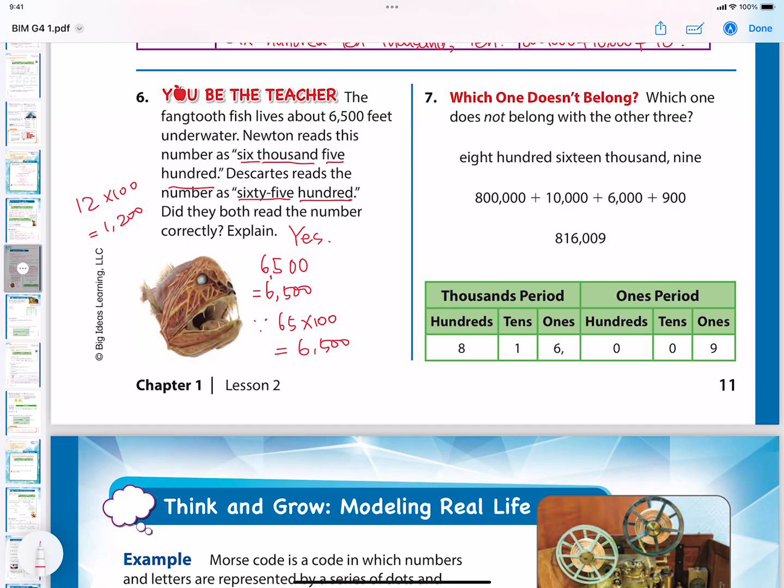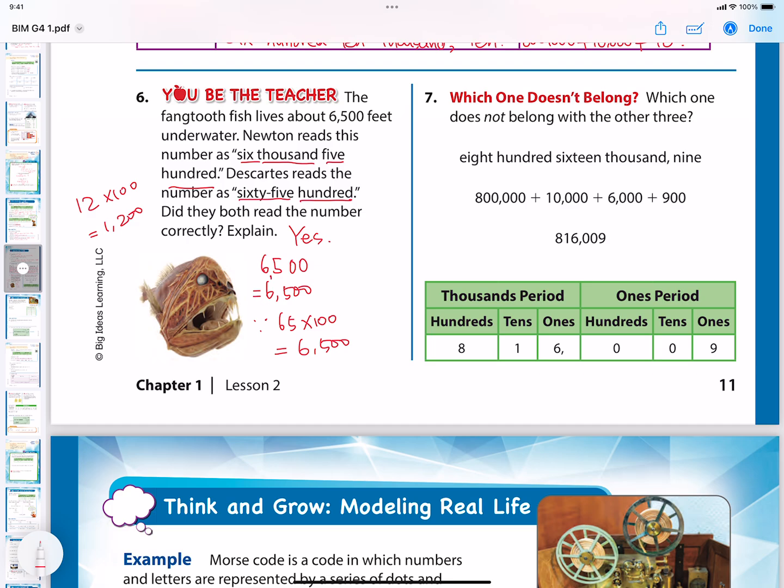All right, let's move on to number 7. Which one does not belong with the other 3? Okay, I like this type of question. This is kind of like a riddle, right? Okay, so now I'm going to write down every number into standard form. That's the easiest way that we can compare, right?